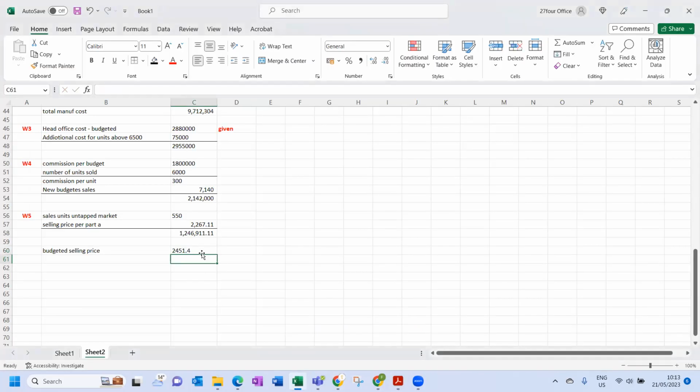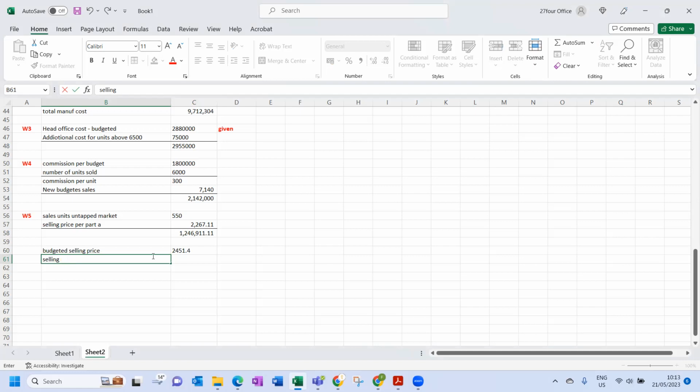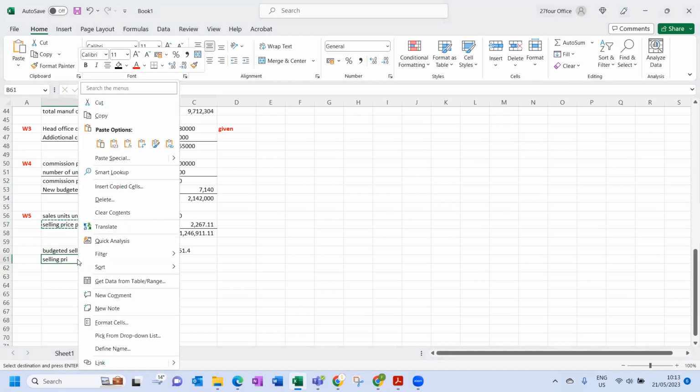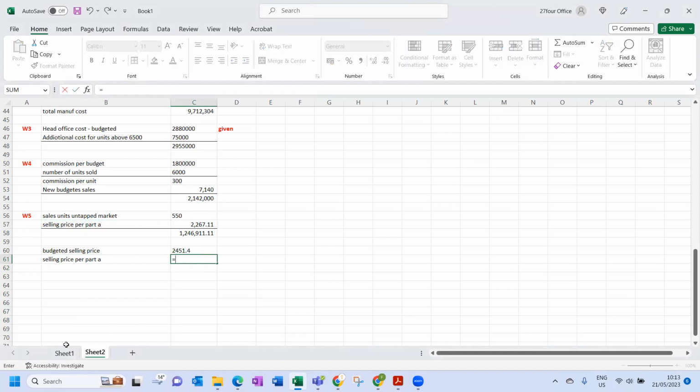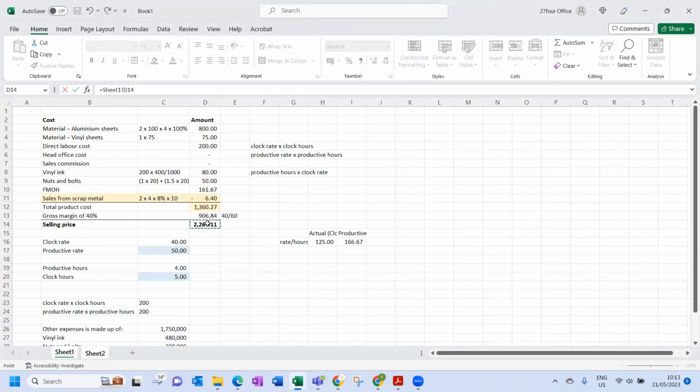So that is the budgeted selling price. The selling price per part A is this 2610.